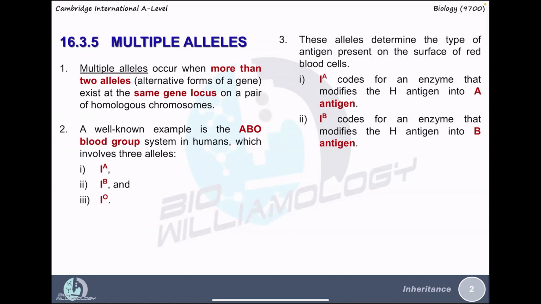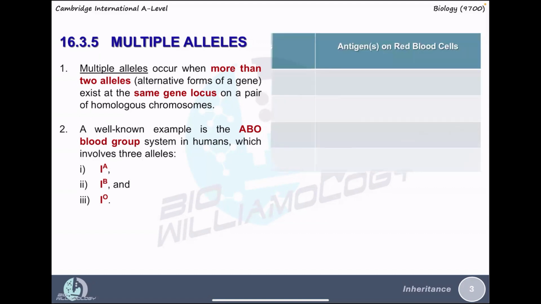So an individual with IB allele, again, will not have H antigen. How about the IO allele? The IO allele does not code for any enzyme, so the H antigen remains unmodified, and the person with two copies of IO alleles will not have antigen A and antigen B.